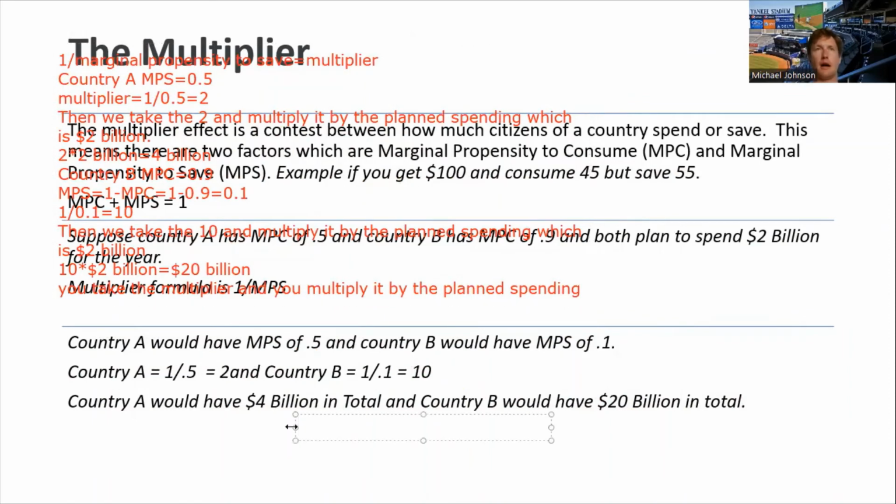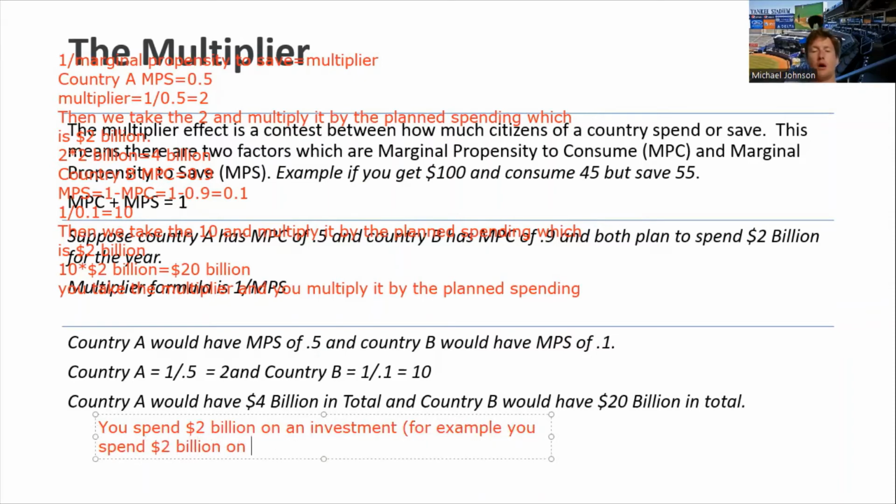Feel free to ask as many questions as possible. That's a great question, because I didn't understand what the multiplier was for the longest time too. I didn't understand why we're doing it, but now I do, but it took me a long time. So you spend 2 billion on an investment, for example on making rockets, right?